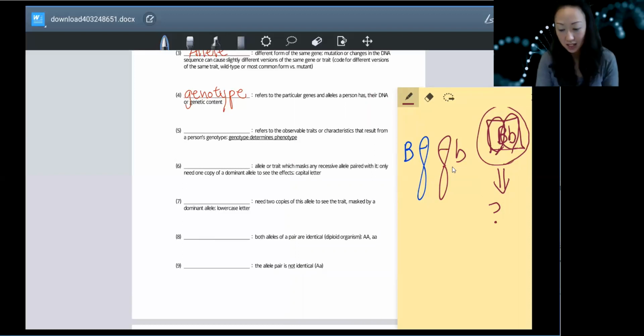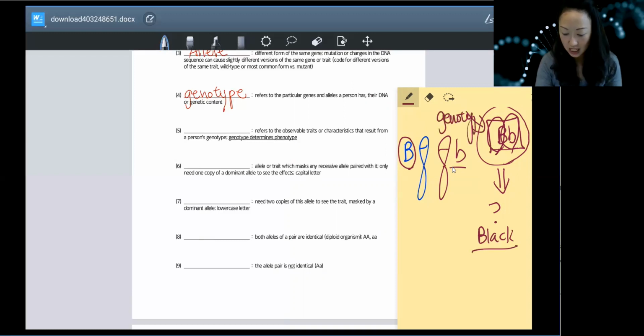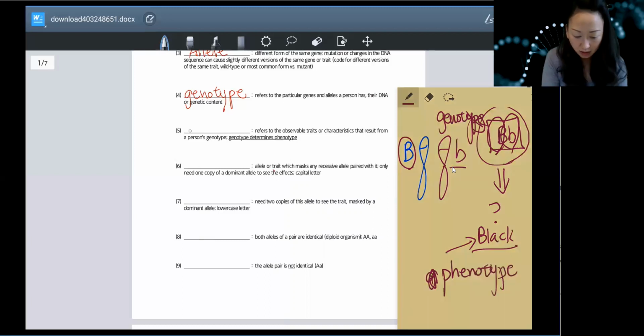We'll just say because the black pigment trumps the blonde, you're going to have a trait called black. This is your genotype, which is your genetic makeup, and what you're seeing is called the phenotype. So let's write that down together on your worksheet. Phenotype.